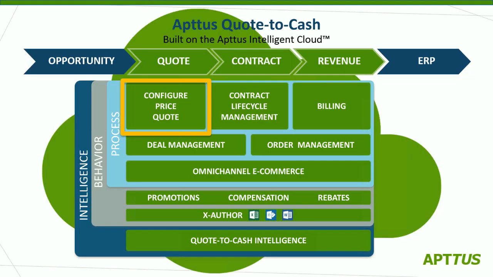We layer that in with our X-Author capabilities, which you want to visualize as a Microsoft GUI or user interface for updating and modifying and slicing and dicing data to reflect back in Salesforce. And then lastly, on top of everything else, we have our Aptus Quote-to-Cash Intelligence.